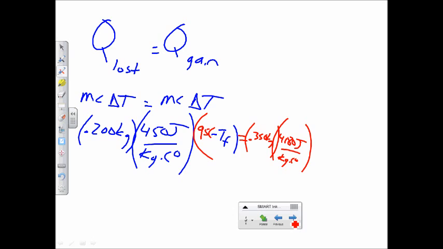So how are we going to write that for temperature difference? Tf minus Ti. The Tf is what we're trying to find, minus the Ti. It tells us that the water starts off at 25 degrees C. So now we just got to do some algebra. Solve this out. I'm going to make some space up top for us to do that.